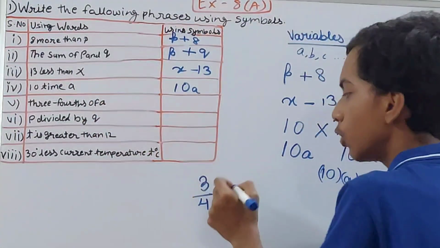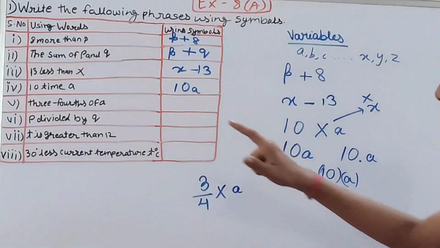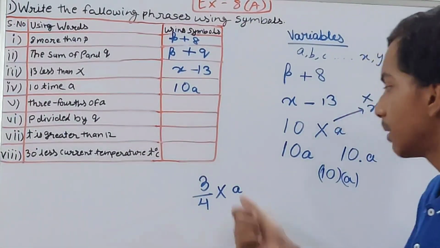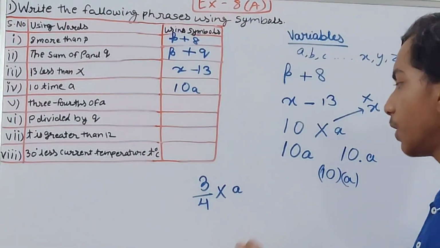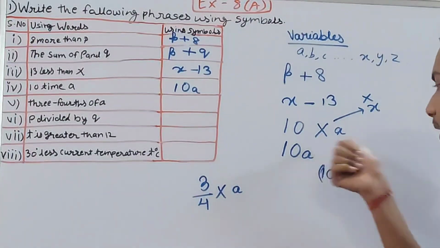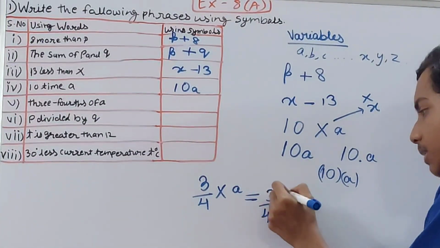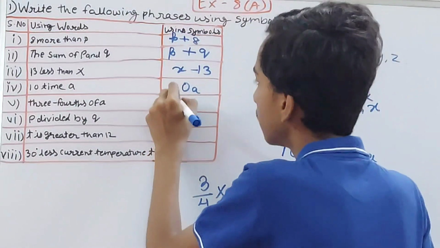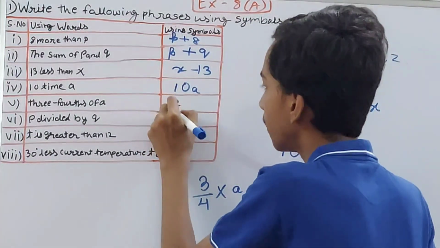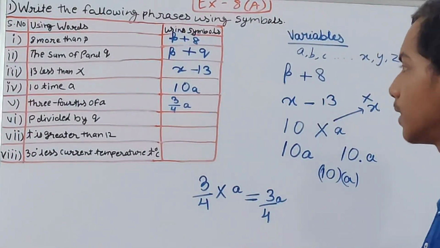Whatever is written after of, you write it after the multiplication sign. 3/4 into A. Again it is a multiplication statement. I said we don't generally write the cross, we remove it. So you have 3/4A, simple. No need to write any sign in between, it is understood that it's multiplied.